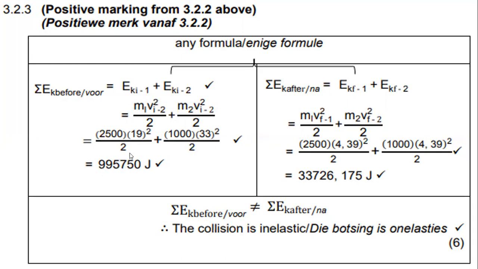And we know that kinetic energy is given as half mv squared. It means it's that divided by 2, but you can simply keep it as half mv squared. Then before the collision, the mass of the truck was 2,500. The initial velocity of the truck was 19 meters per second east.